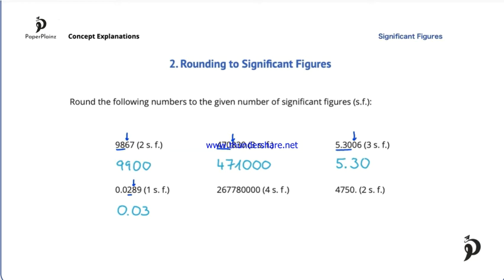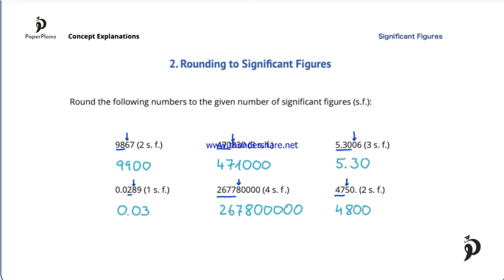In the next number, the first 4 significant figures are 2, 6, 7, and 7, so we will round based on the 8, which means rounding up, and we get 2, 6, 7, 8, and the remaining 5 numbers are all zeros. For our last number, the first 2 significant figures are 4 and 7, so we have to round based on the 5, which gives us 4, 8, and for the remaining 2 numbers, we will add 2 zeros.